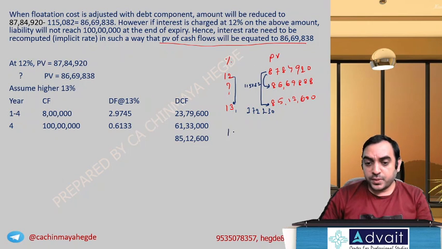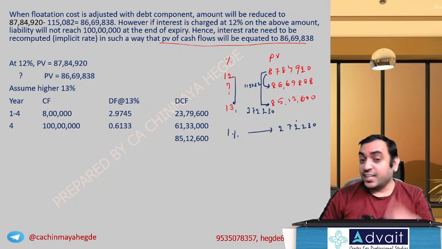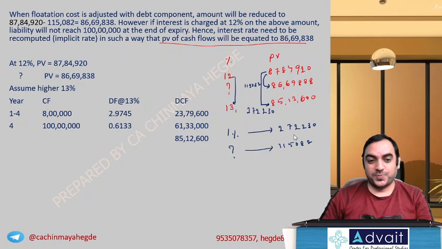So a 1% change means 2,72,230 is the difference in present value. What percent change do you get? Cross multiply: 1,15,082 divided by 2,72,230 into 1. We get 0.42, I believe.